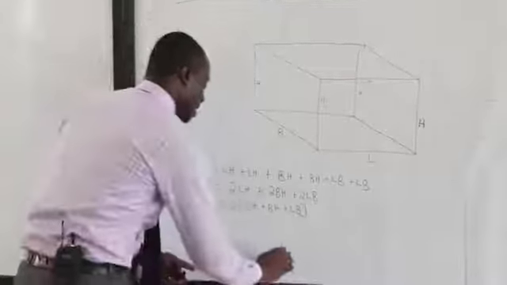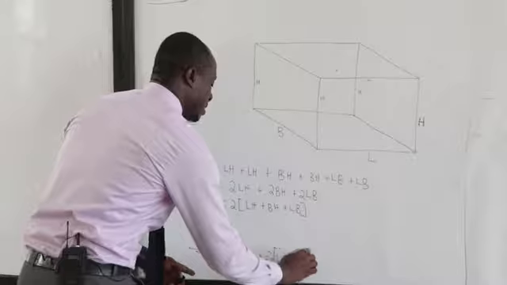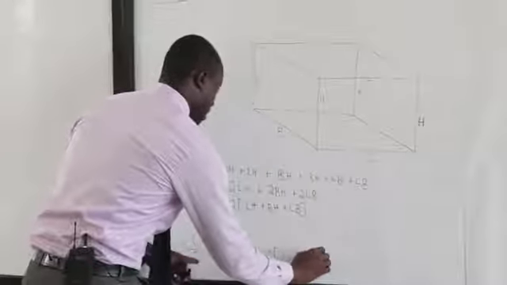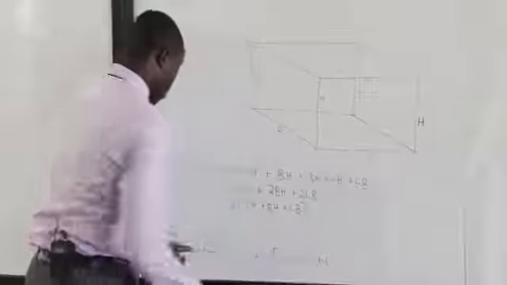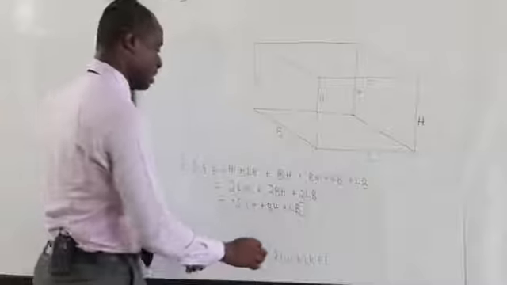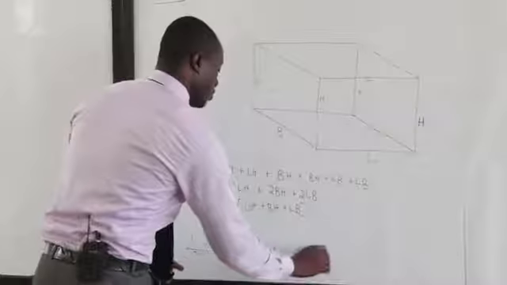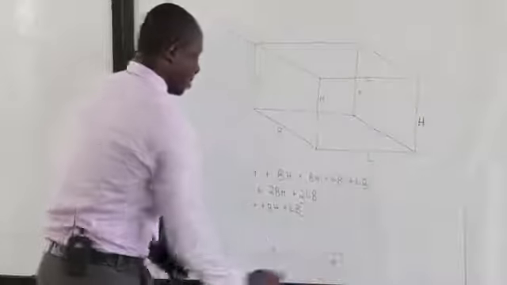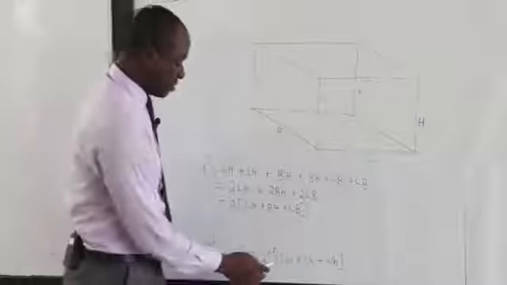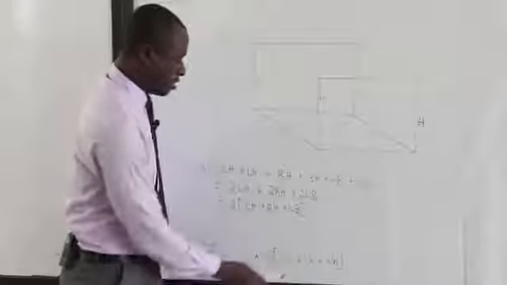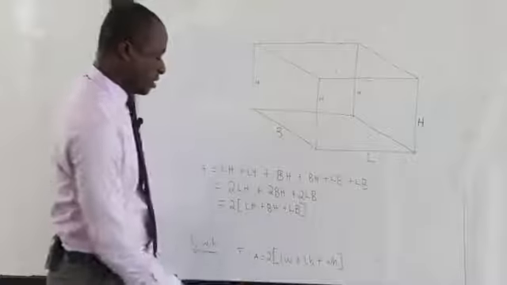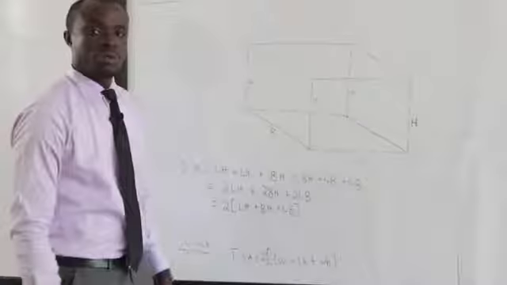So we can say LW plus LH plus WH. W is appearing twice, H is appearing twice, and L is also appearing twice.